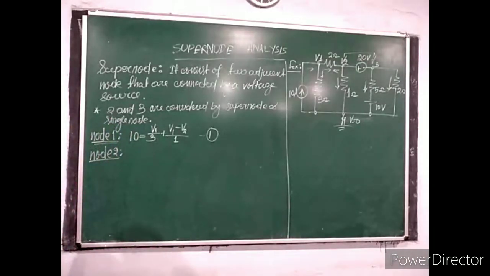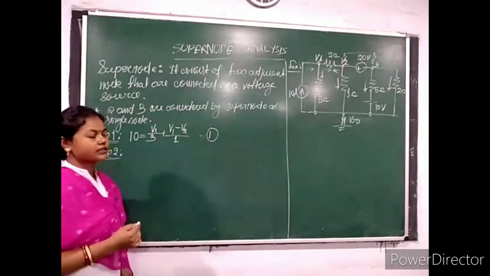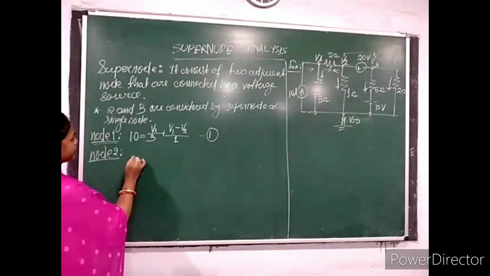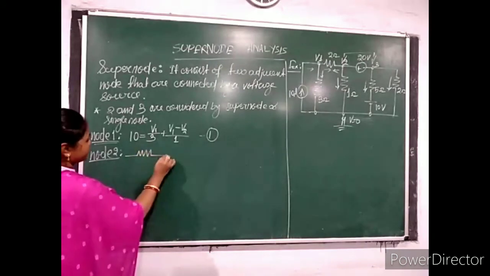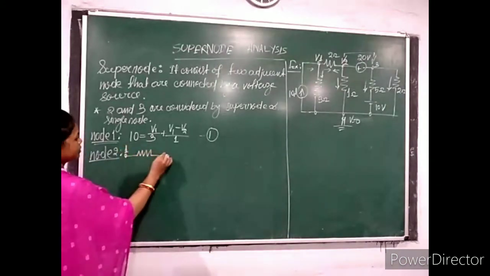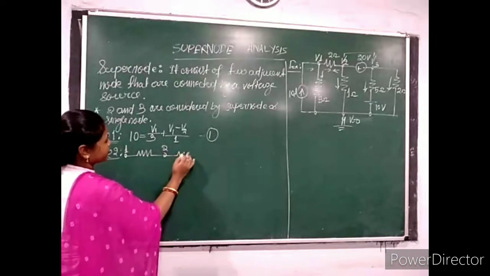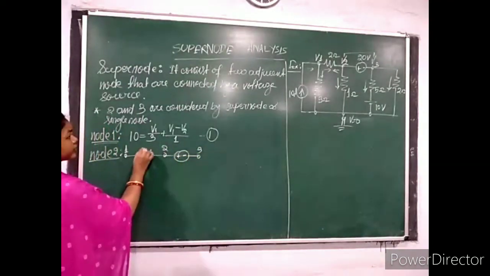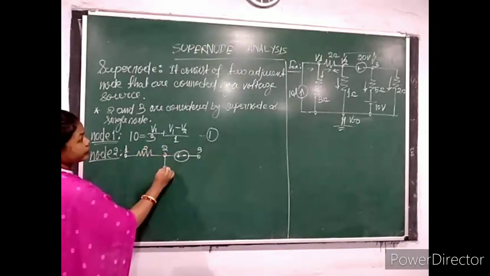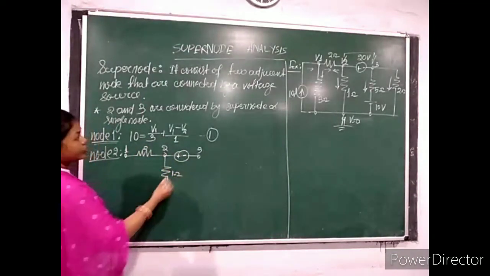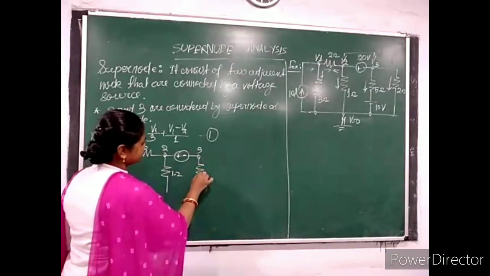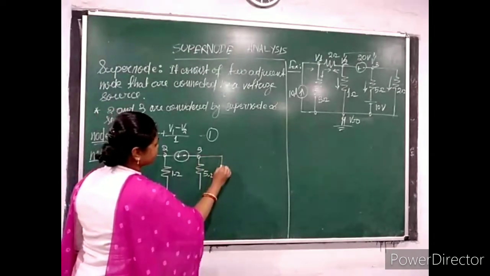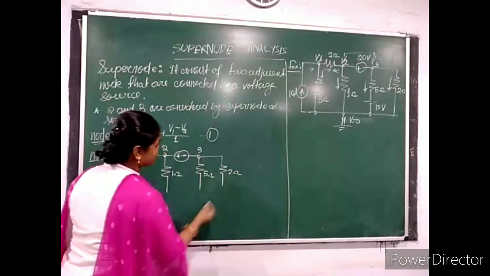For better clarification, I rearrange the circuit diagram. For the supernode, the circuit diagram is: this is node 1, this is node 2, this is node 3, this one is 2 ohm, 1 ohm, here it is 5 ohm, 2 ohm.